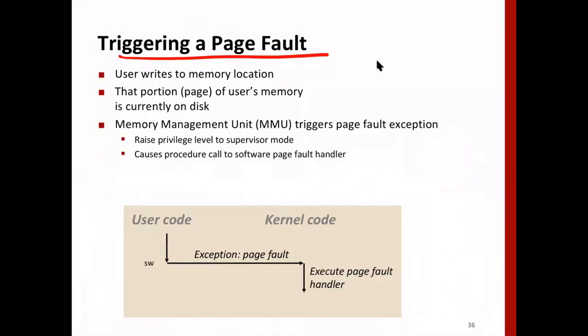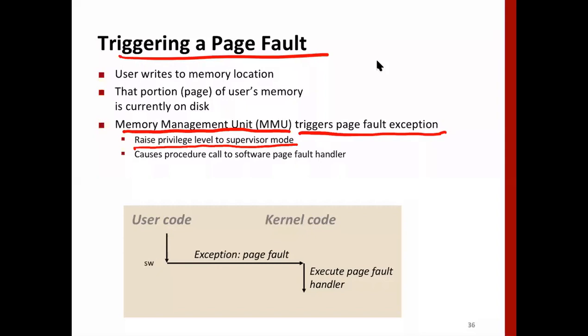If it happens, the memory management unit triggers a page fault exception. It means that the page does not exist now, and it raises the privilege level to supervisory mode.